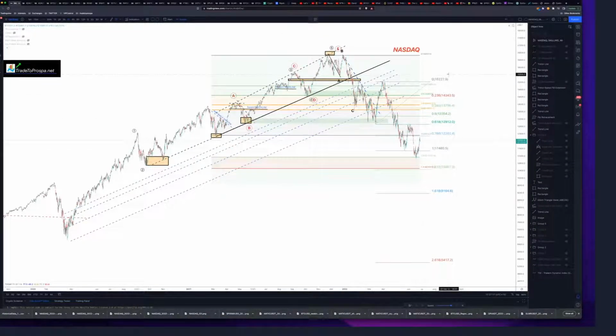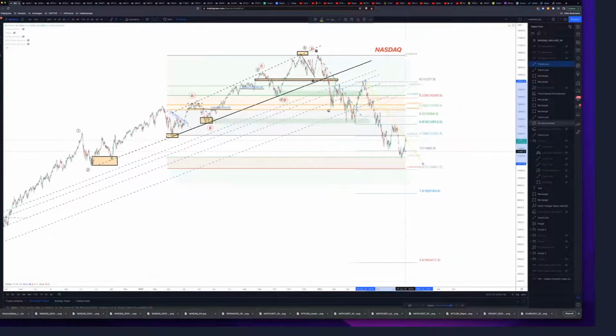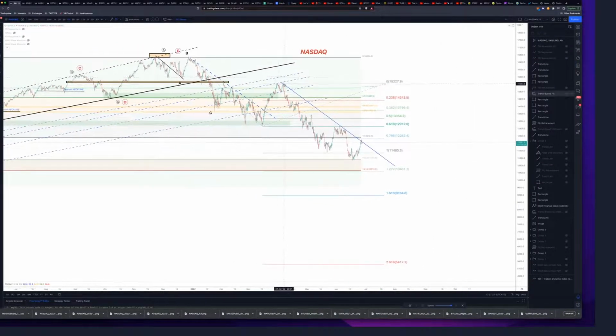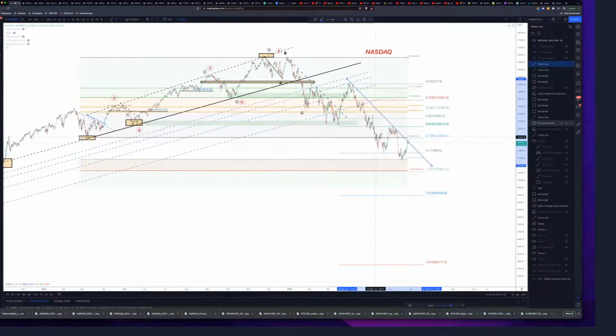If we look at it from this perspective, a trend line, we've got this trend line, we want to see it break it. We're getting the resistance on this Fibonacci level, or that level here, 0.786.